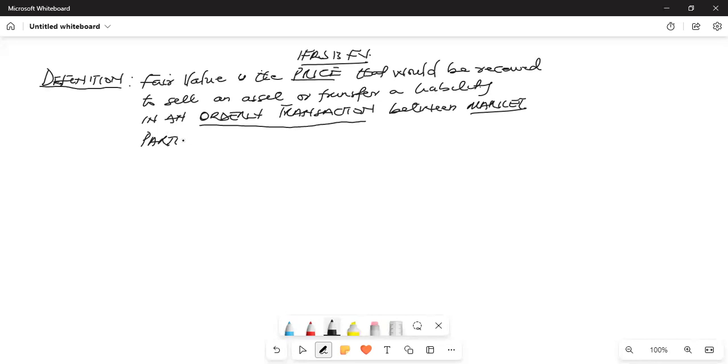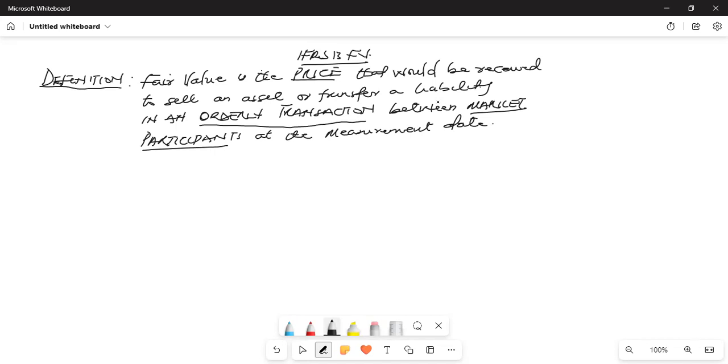So between two market participants at the measurement date. The day you want to measure the transaction, the measurement date. So this is the definition for IFRS 13 fair value.